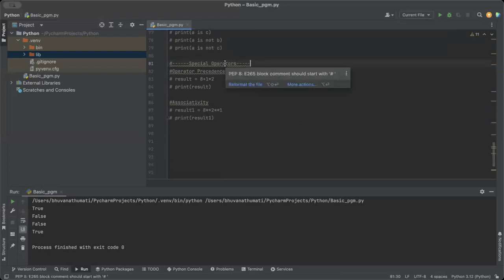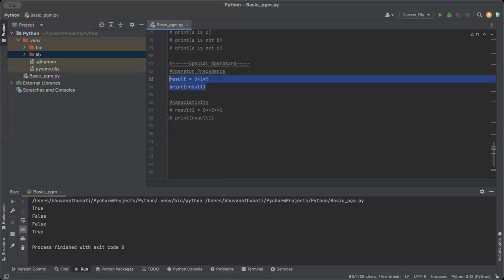In these special operators, we have operator precedence. So operator precedence means it determines the order in which operations are performed. So here, precedence of operators will be given higher priority.